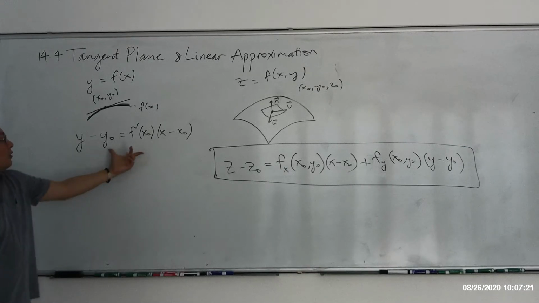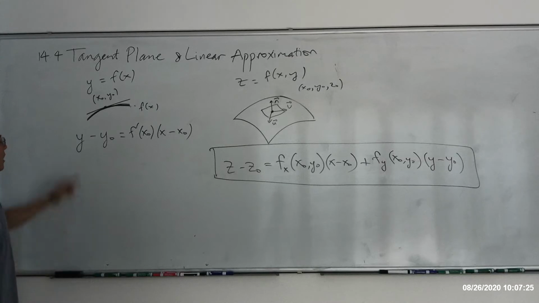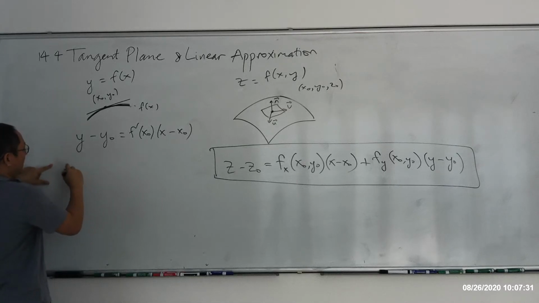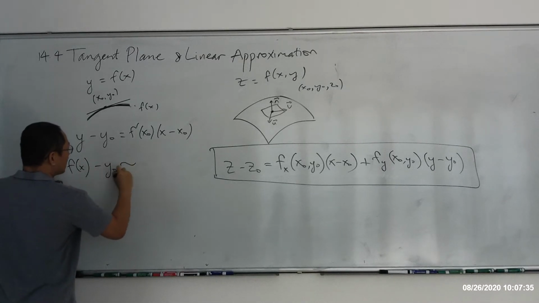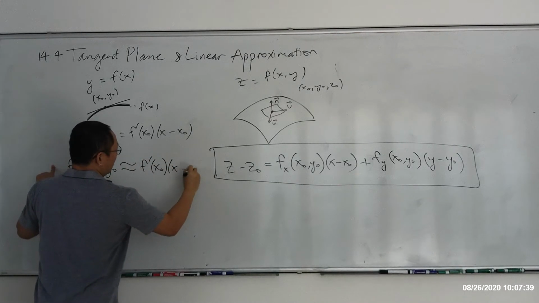So this is really the equation of the line, and this is really the linear approximation of the curve. So I don't know what the curve is, but I know that y right here for the curve. If you talk about the curve, then what? f of x minus y naught is approximately equal to f prime of x naught times x minus x naught.